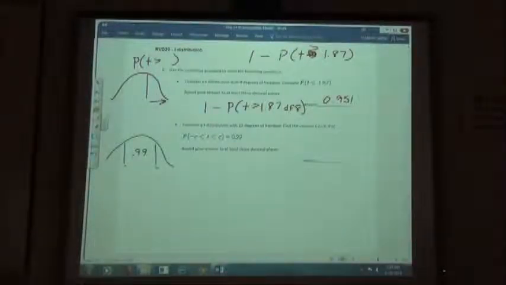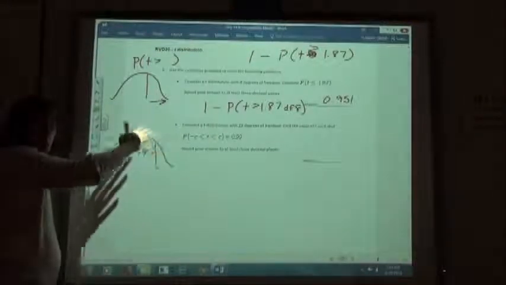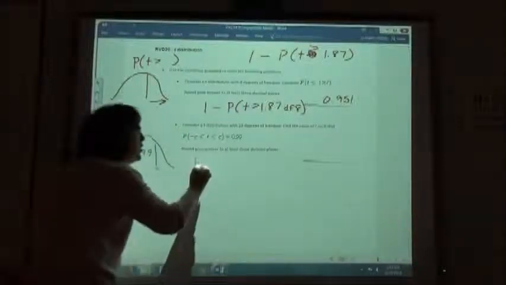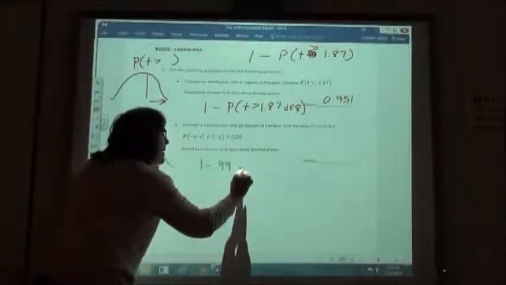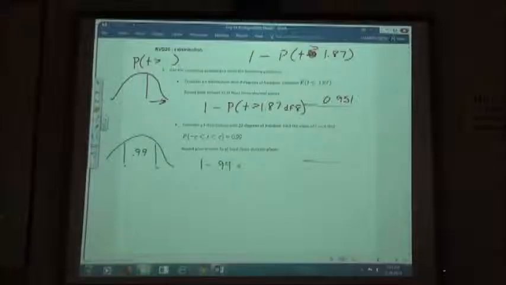So first thing we're going to do, because we know the whole curve is 1, is we're going to do 1 minus 0.99. It's going to leave us the area on the 2 outside spaces.